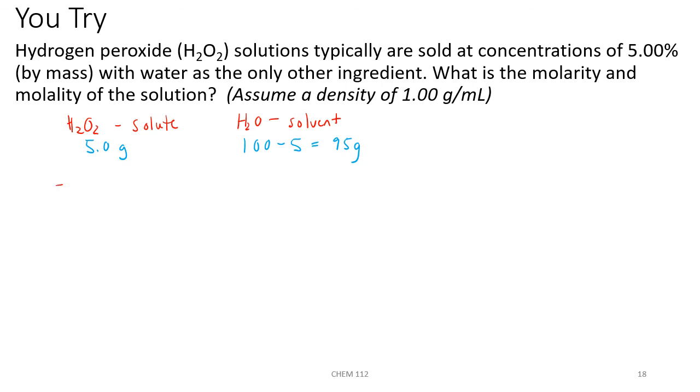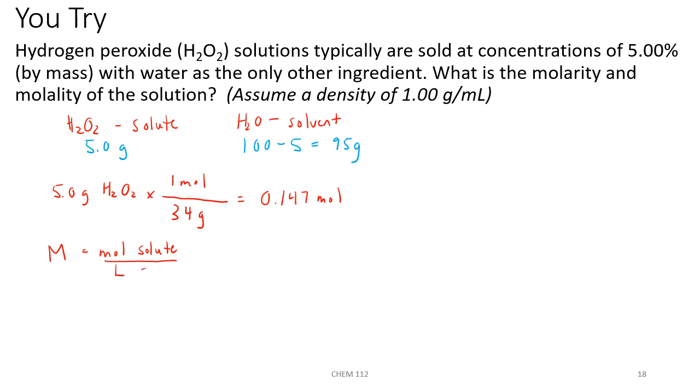Next, we're going to want to take our 5 grams of hydrogen peroxide and convert that into moles using the molar mass. 1 mole of H2O2 equals 34 grams. And that gives us 0.147 moles of H2O2. To calculate the molarity, we're going to take the moles of solute divided by the liters of solution.